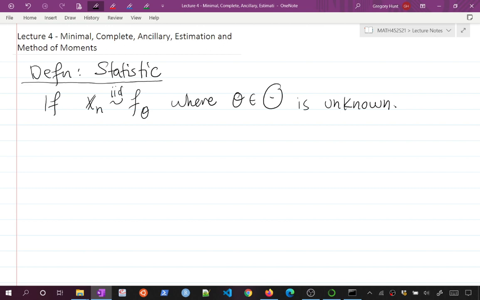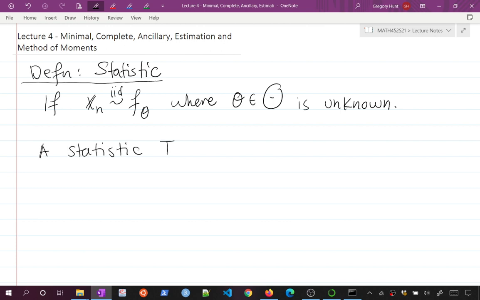And our definition of a statistic is going to be a function of the x's whose formula does not involve theta.